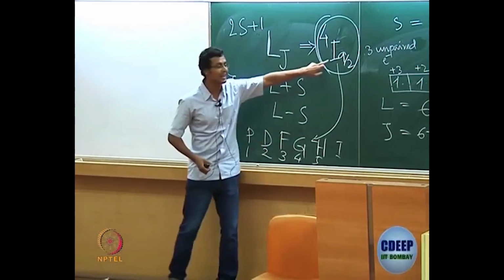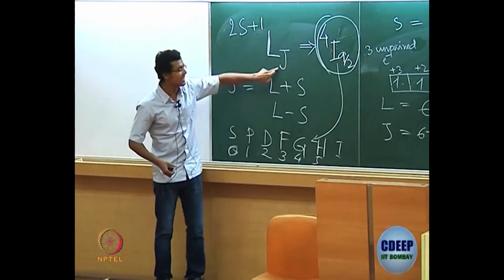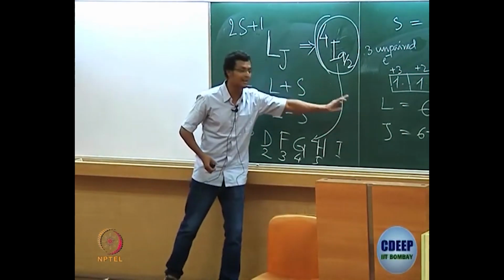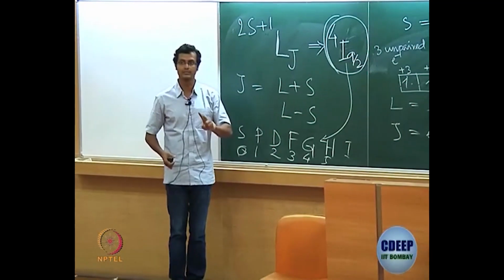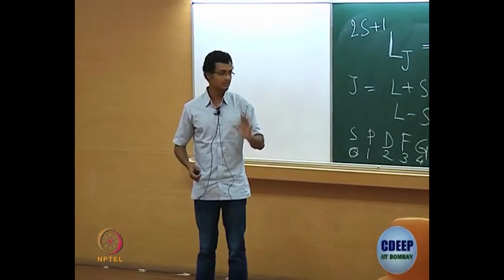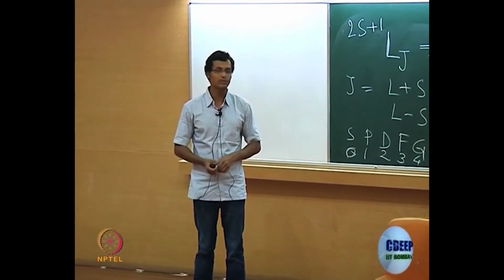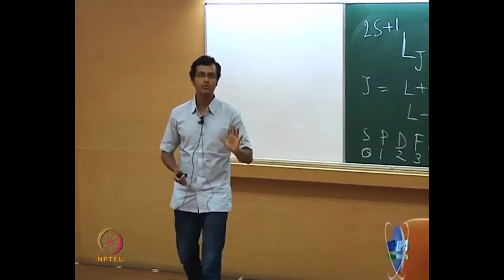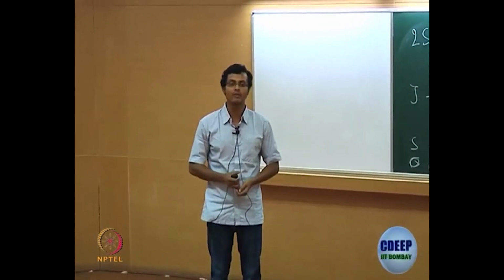So from there you get I, and then J, in this case we have calculated L minus S. Some of you who know this, that's fine, no problem for you. Those of you who haven't heard it before, just Google it, you will be able to get it clear.